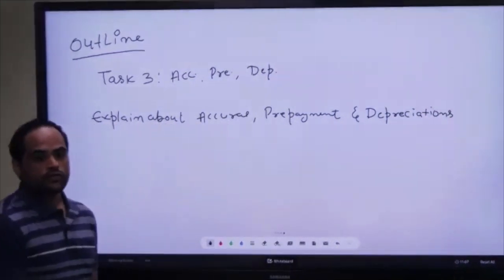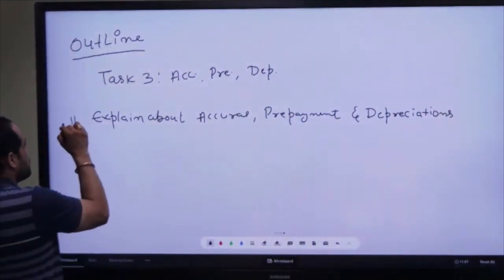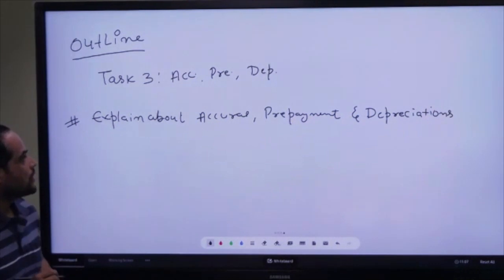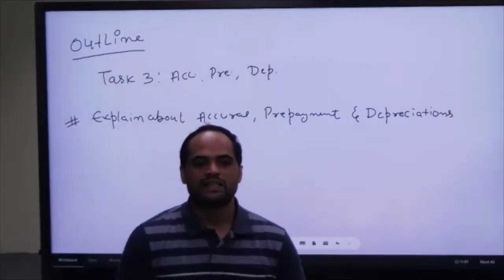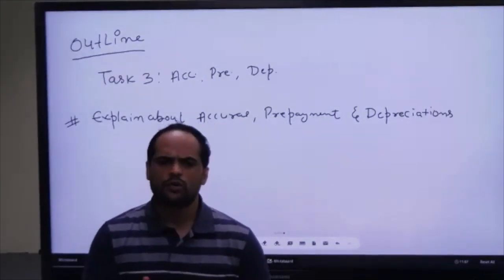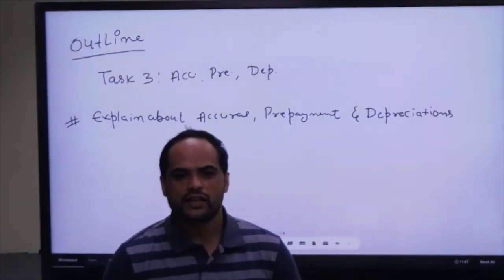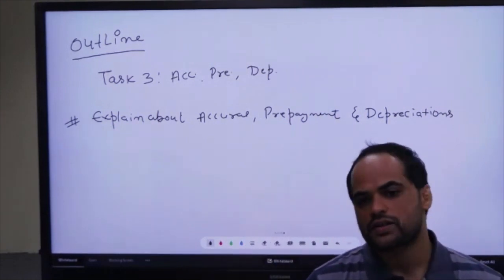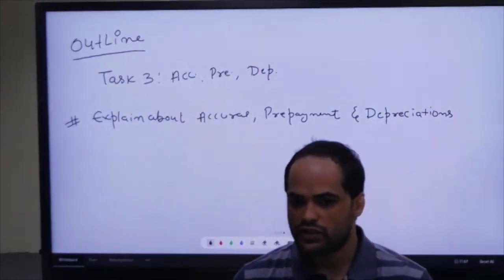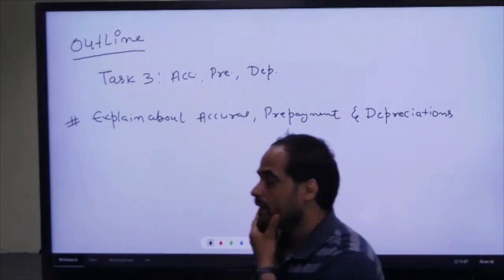So first of all, you need to tell me what is the meaning of accrual, what is the meaning of prepayments, and what is the meaning of depreciation without any numbers, just in the form of theoretical arguments, right? Just theory. You don't have to give me any calculations, right?